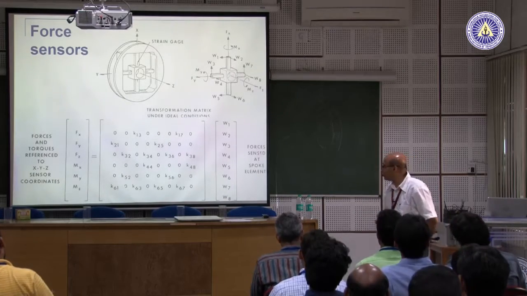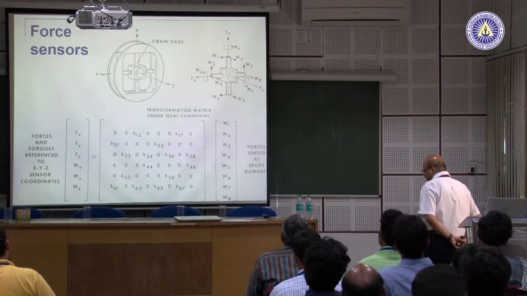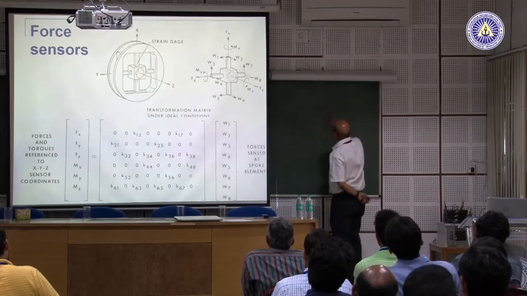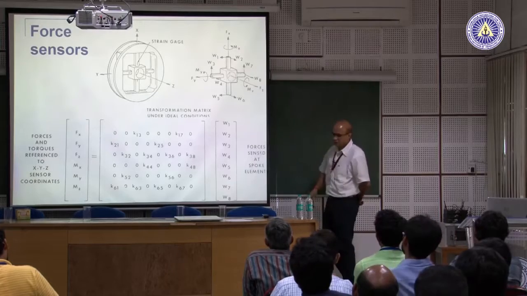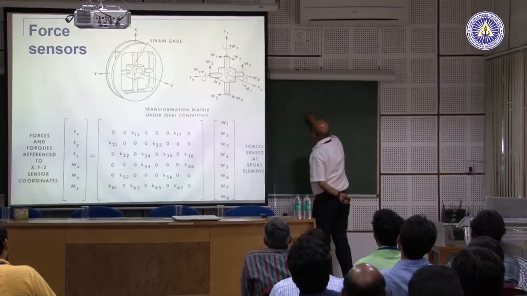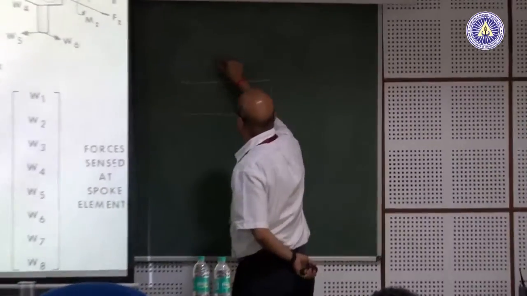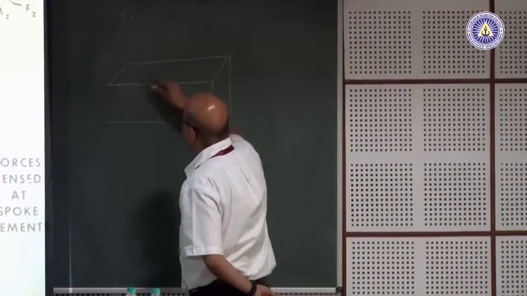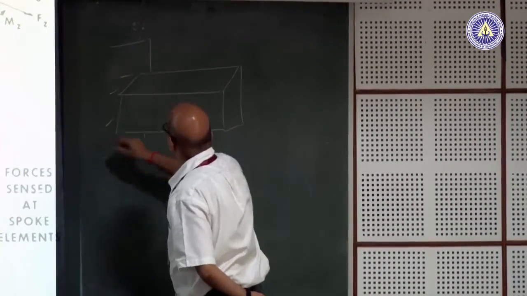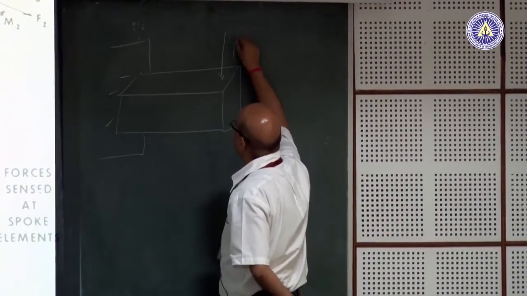Because you cannot measure force, right. So, how is force measured? So, essentially we are looking at strain. So, strain has to be caused at some point by a force. So, what is done is essentially, if we have a cantilever beam, okay, so this is a cantilever beam and we apply a force here. Okay.